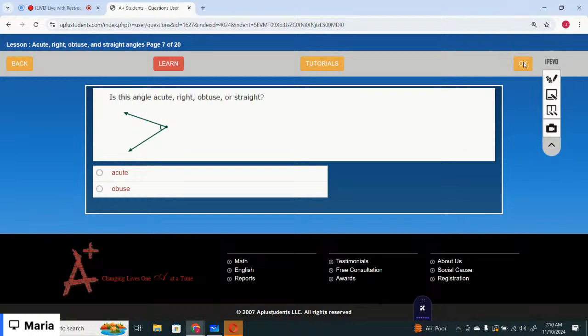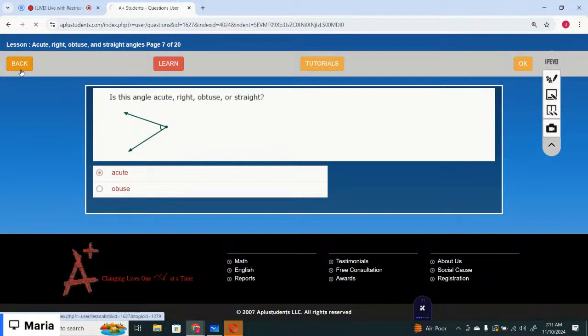Is this angle acute, obtuse, or straight? That is acute angle.